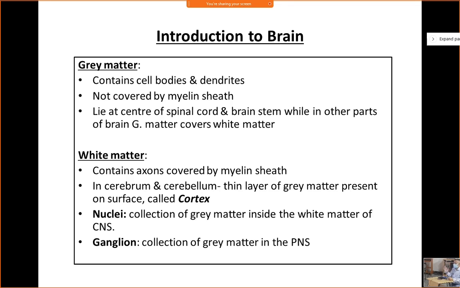But in other parts of the brain, gray matter covers the outside. The outer area of the brain is called gray matter, while inside the gray matter we have the white matter. But in the case of spinal cord and brainstem, it is just the reverse. Gray matter will be at the center, and peripherally we have the white matter.